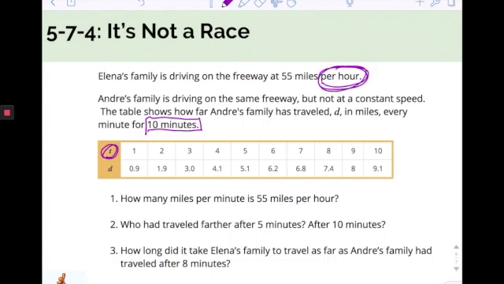As we compare these two different functions that are in two different formats, we want to make sure that we have the same units. So the first question asks, how many miles per minute is 55 miles per hour? So 55 miles in 1 hour times 1 hour is 60 minutes, right?